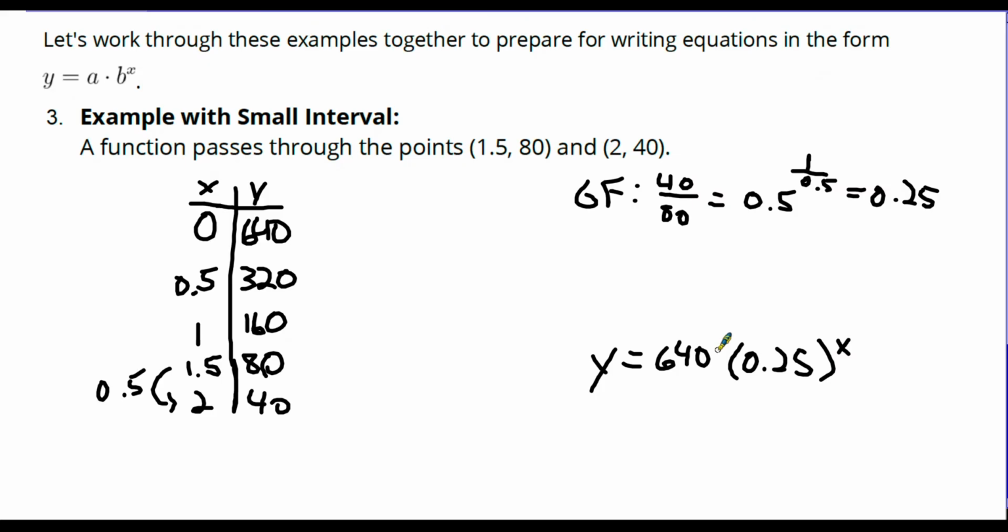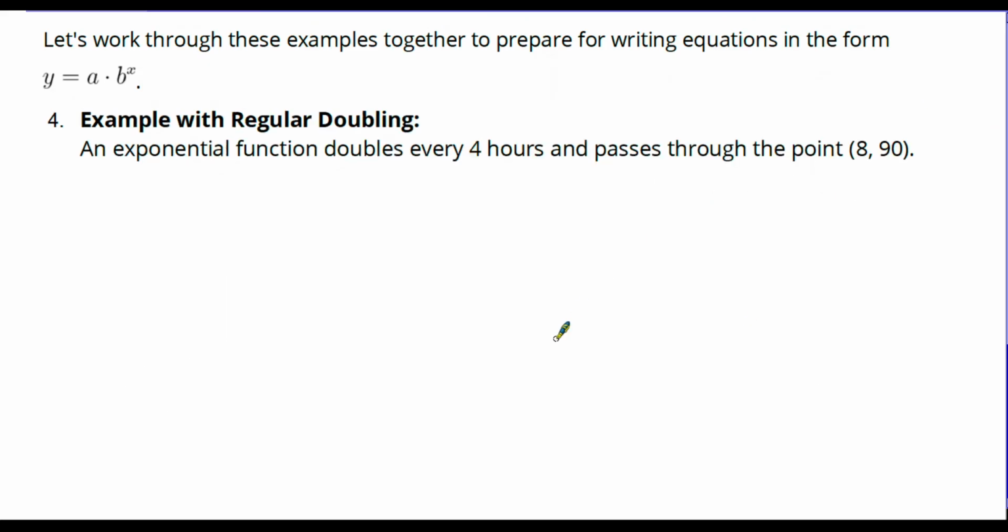All right. The last example, we have an exponential function doubling every 4 hours and going through the point 8, 90. So again, let's put this in a table. I know I've got the point 8, 90 on my graph, and we are doubling every 4 hours. So I can think about some other x coordinates as 4 and 0, right?